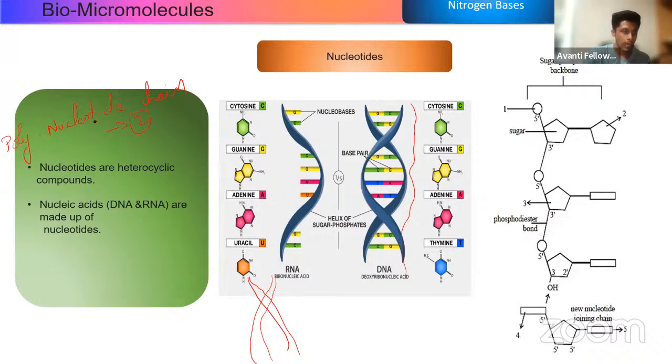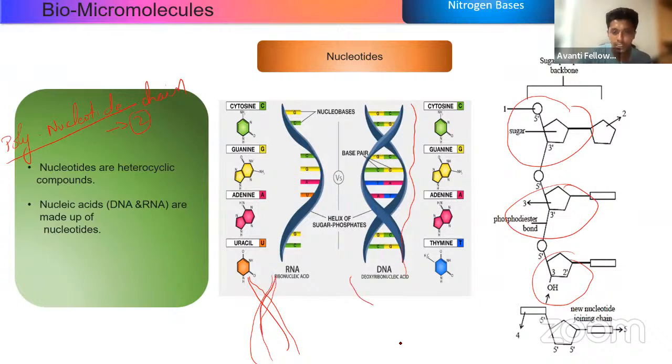For the formation of one polynucleotide chain, look at here, this is your one nucleotide, this is your second nucleotide, and this is your third nucleotide. If you consider any one of these chains, you can see that this chain is made up of a series of different nucleotides arranged in a systematic fashion to form a polynucleotide chain.